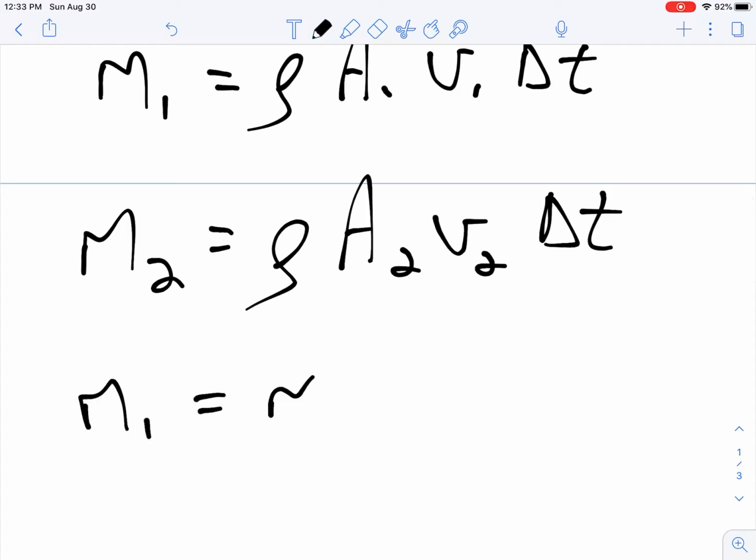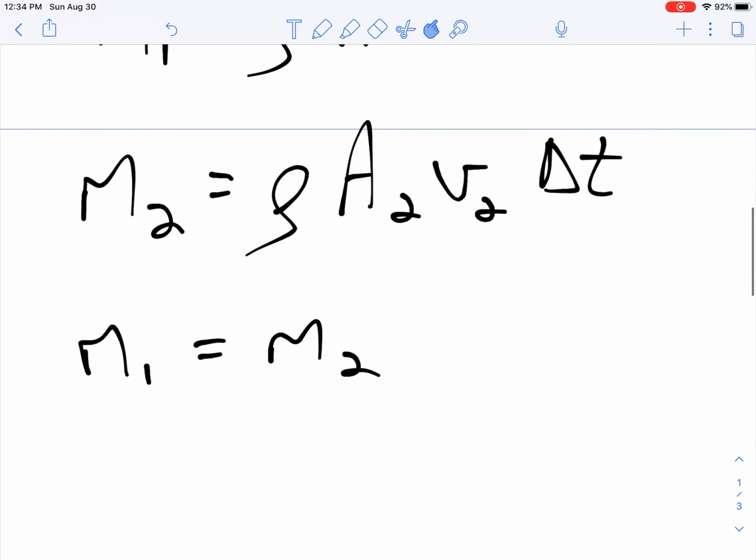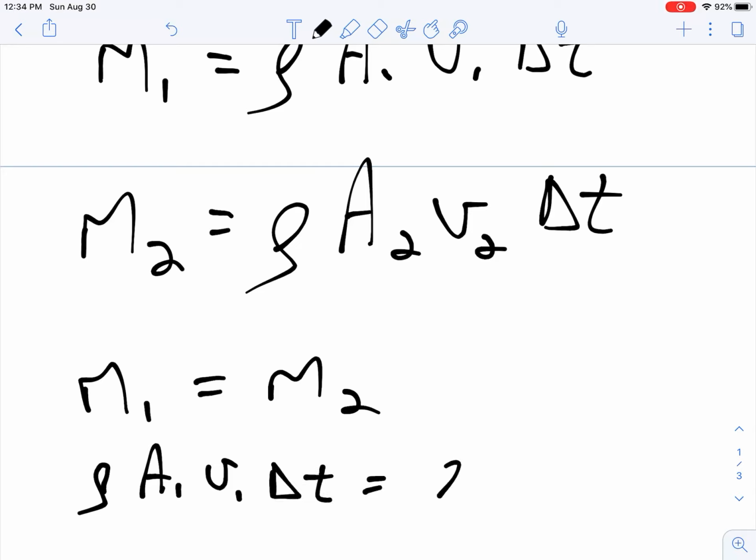So I can say that that has to equal that, which leads us then to say that density times area 1 times velocity 1 times time has to equal density times area 2 times velocity 2 times time.